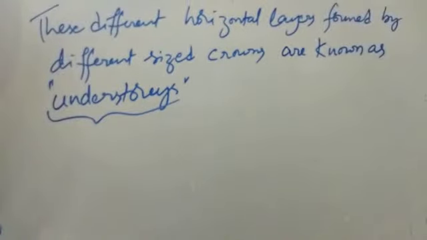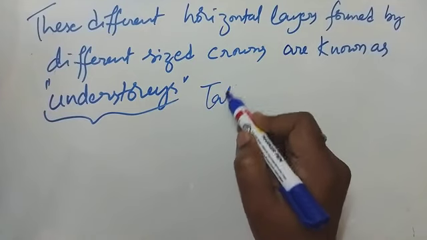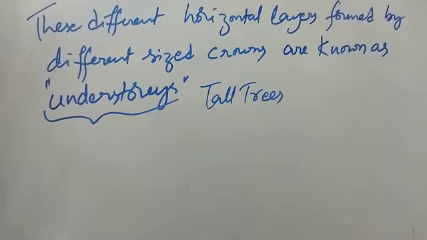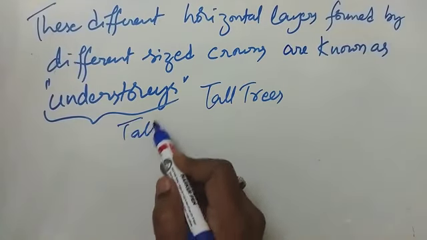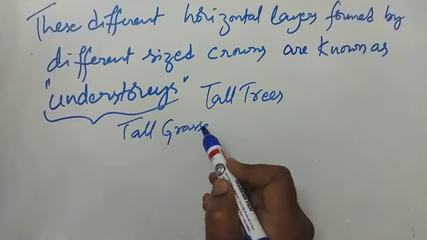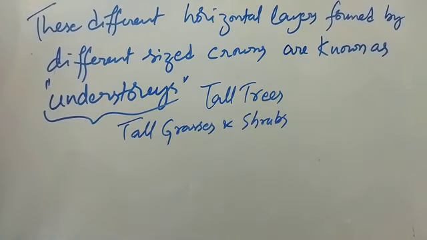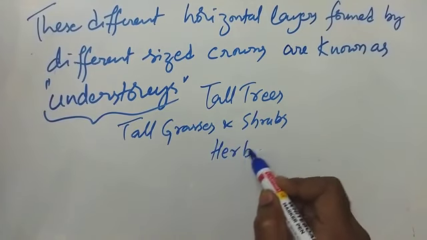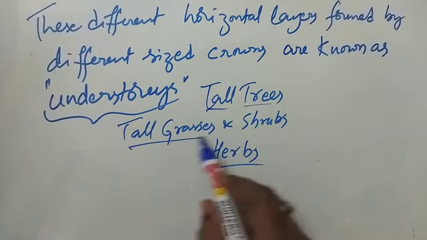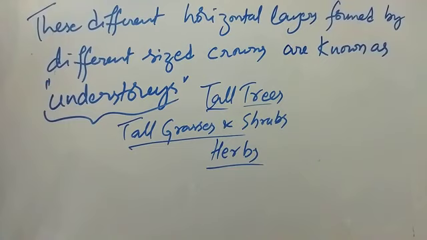We know how many types of plants are there in the forest or in nature: tall trees, tall grasses and shrubs, and herbs. These different sized plants form three different types of understories.